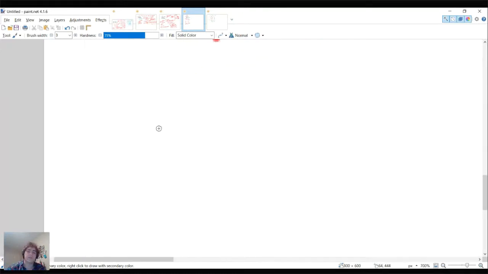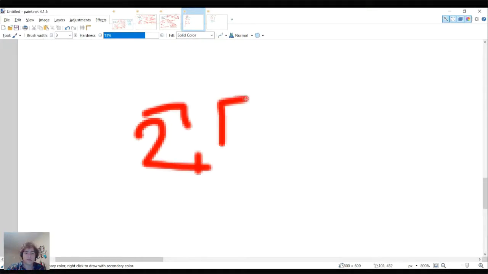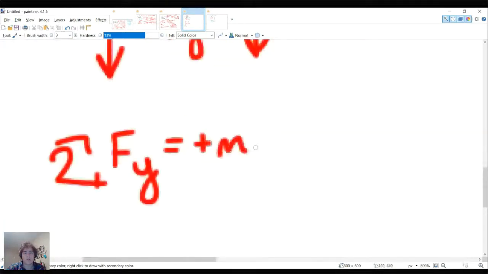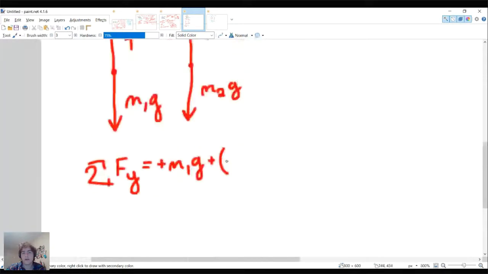When we're summing the forces in the vertical direction, we need to take account of the negative sign. So this would be plus M1g, and we are summing, so it's adding. However, the tension is negative.